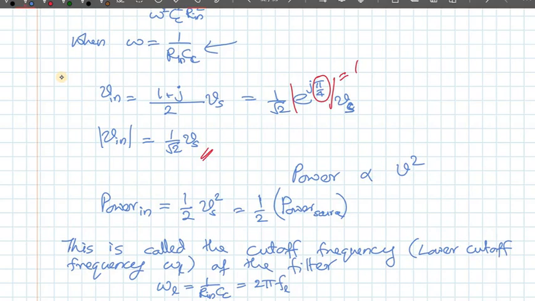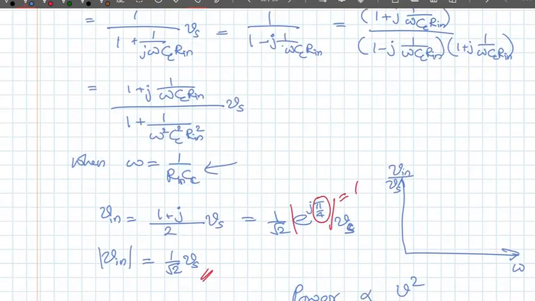Okay, so what this looks like, let me draw it here. This is my frequency, this is my V_in divided by Vs. When omega is high, because this term is very high, this term is almost equal to 0.